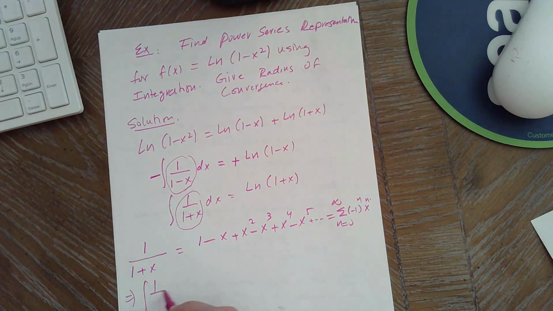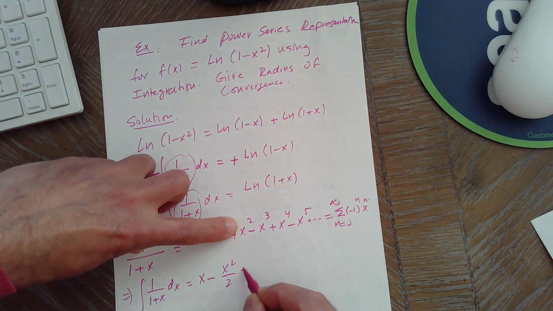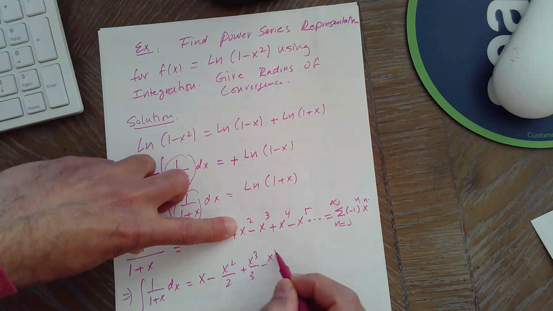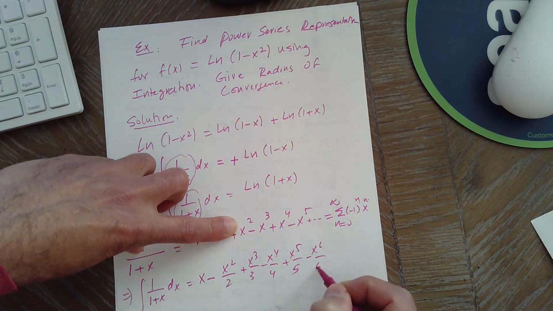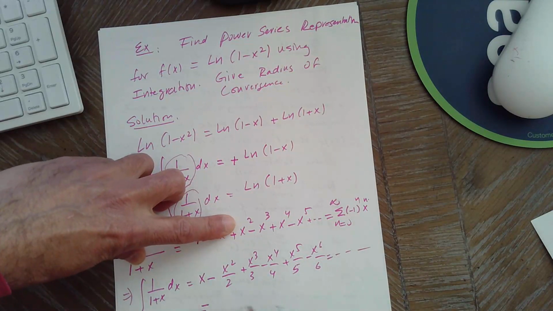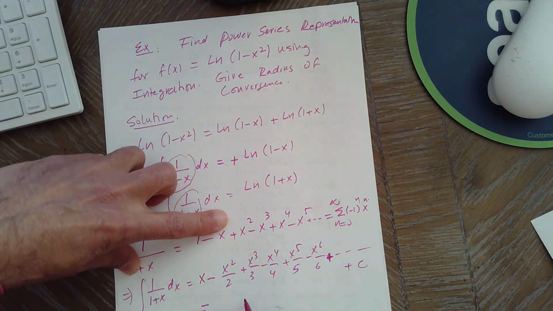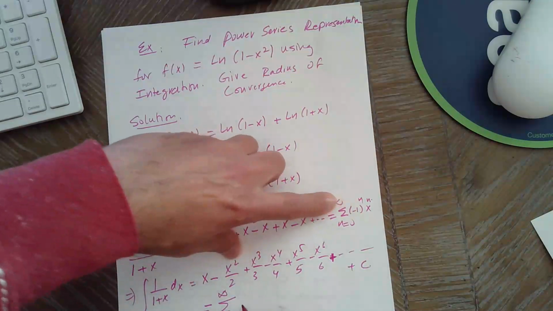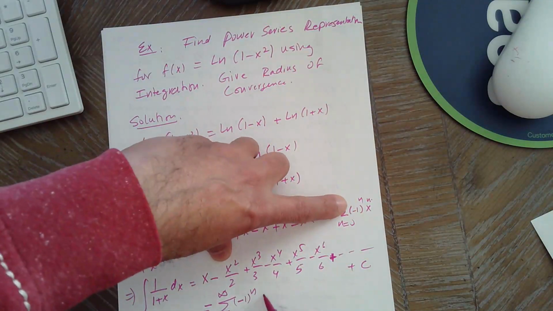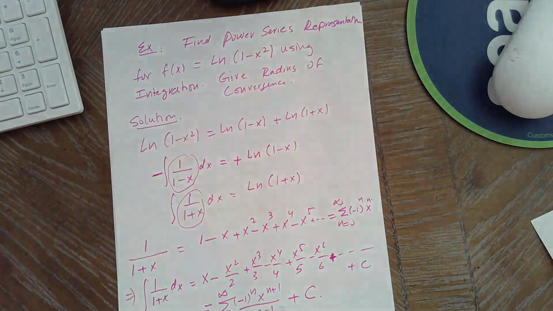That means the integral of 1 over 1 plus x dx equals the integral of all this, which is x minus x squared over 2 plus x cubed over 3 minus x to the 4 over 4 plus x to the 5 over 5 minus x to the 6 over 6, plus a constant, don't forget, plus C, which equals the sum from n equals 0 to infinity. We're going to add 1 to the power, so it would be x to the n plus 1 over n plus 1, plus C.